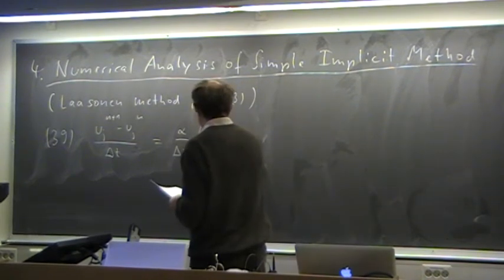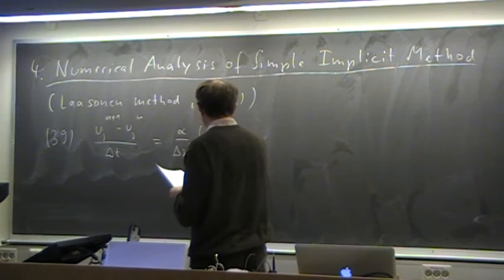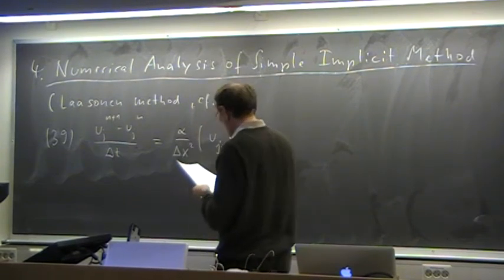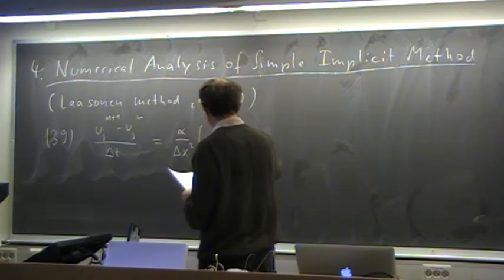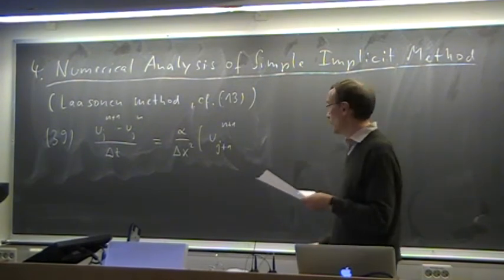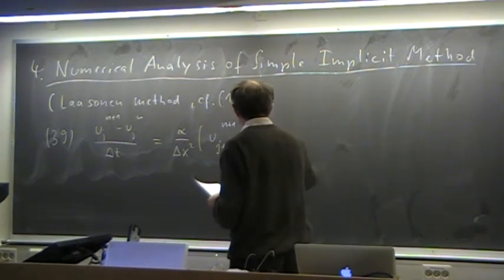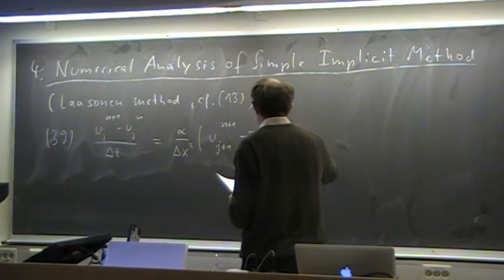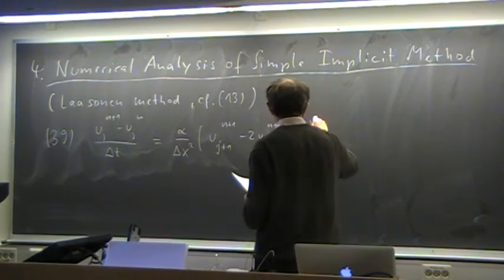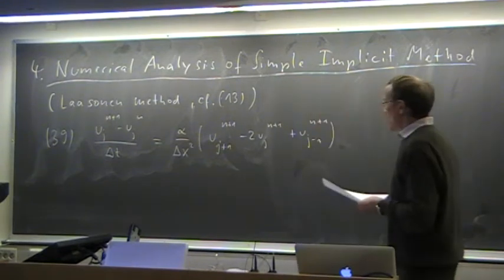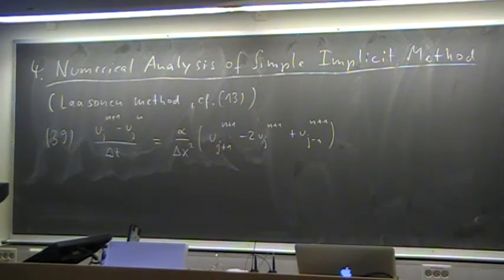And the difference from the forward time centered space is now only the time level. Here we have now the new time level. Otherwise, it's just the same as the forward time centered space.